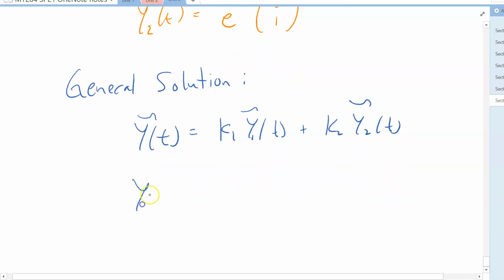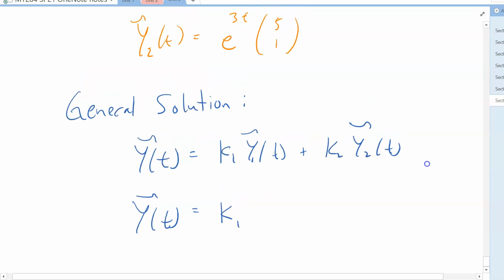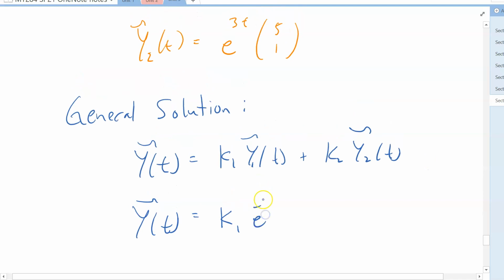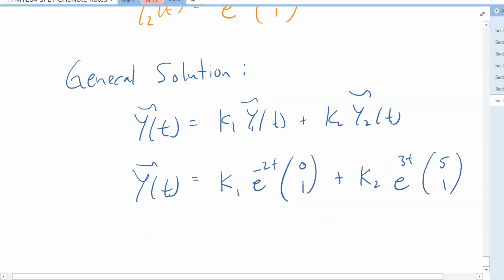So just putting those in for this example, we get k1 times e to the negative 2t, and then we had 0, 1 as the eigenvector, plus k2, some arbitrary constant, times e to the 3t times 5, 1. And there we go. That is a general solution to the system for this example.